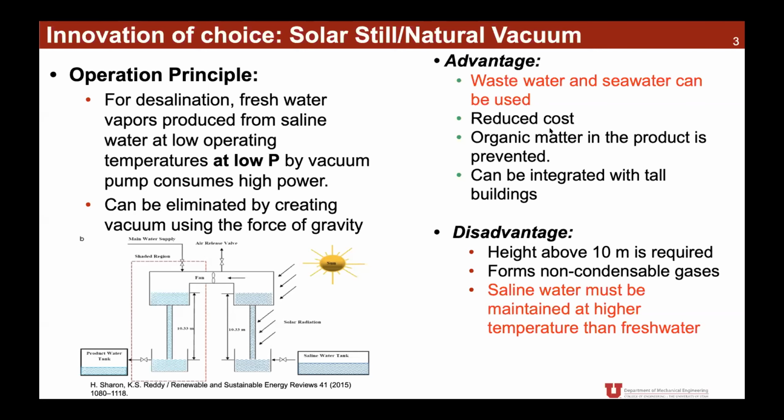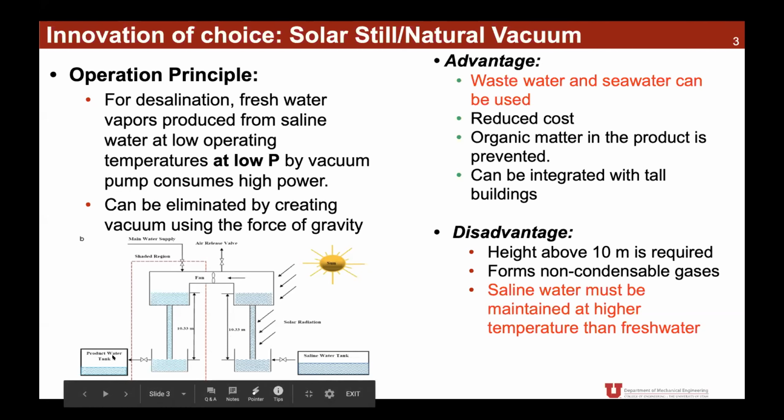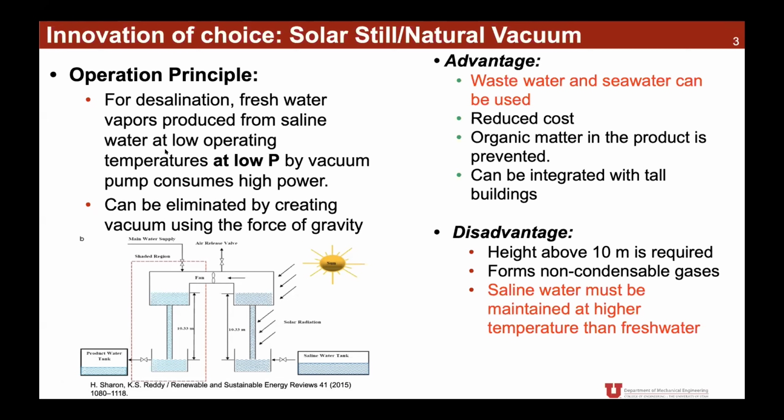Some disadvantages are that the saline water must be maintained at a higher temperature than the fresh water, and it forms some non-condensable gases, but we do believe that it's something that can be maintained. Before we get into more detail, I'm going to hand it over to Prate so we can go over the simulation and our expected results.